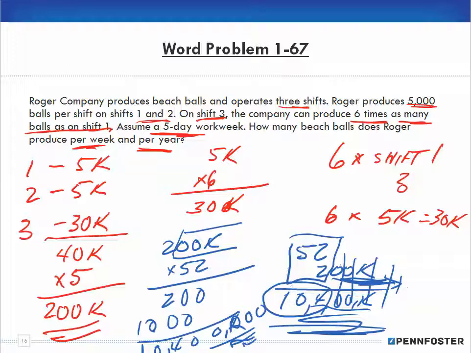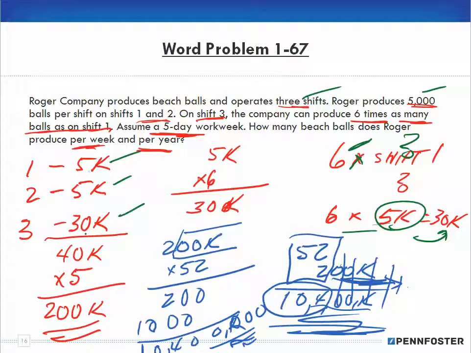So real quick as a recap, 3 shifts, 5,000 a shift for shift 1 and shift 2. Shift 3, 6 times as many as shift 1. So I have 6 times whatever I have for shift 1, which is 5,000. So 6 times 5 gives me 30,000 for shift 3. That's per day because we have 3 shifts in a day.